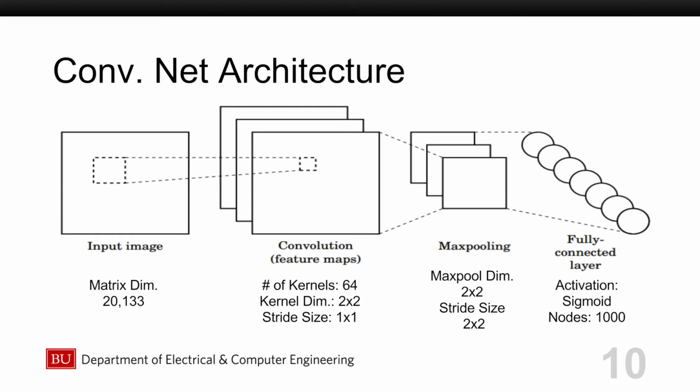After the convolution layer, we used a max pooling layer in our model whose filter dimensions were 2 by 2 and whose strides were also 2 by 2. In our fully connected layer, we had 1,000 neurons, which used the sigmoid activation function. This layer then outputted to the output layer, which also used the sigmoid activation function and output 4 different classes.